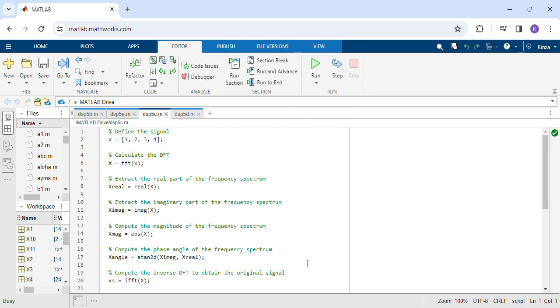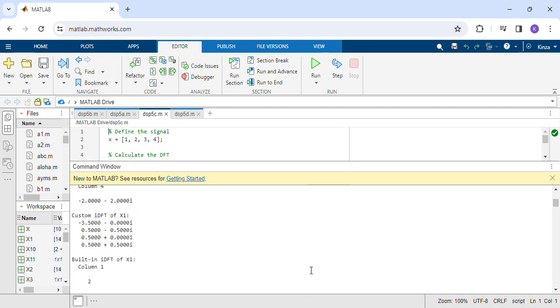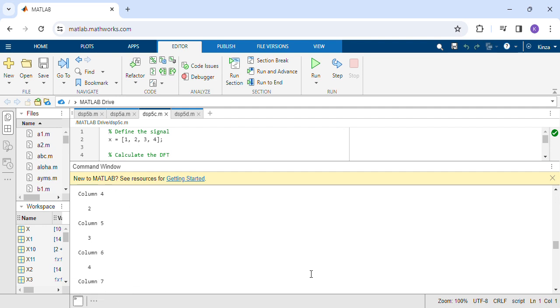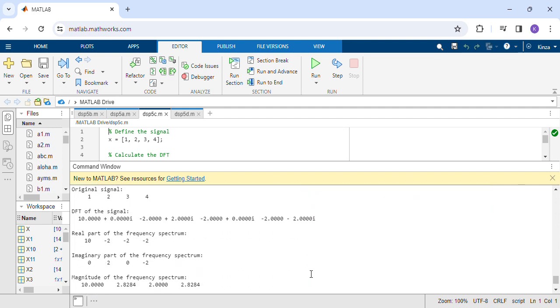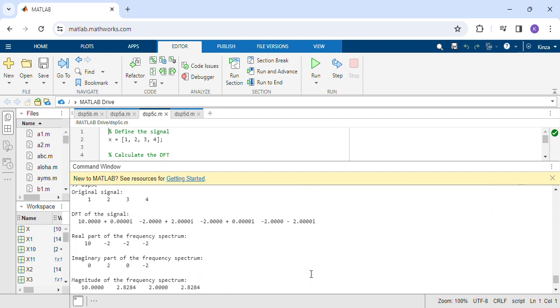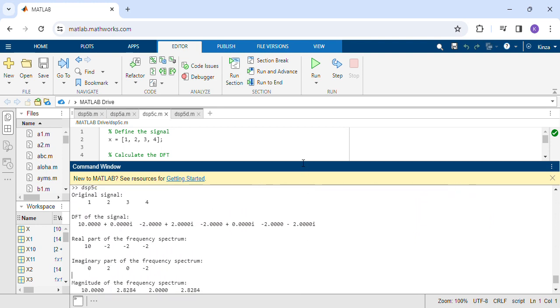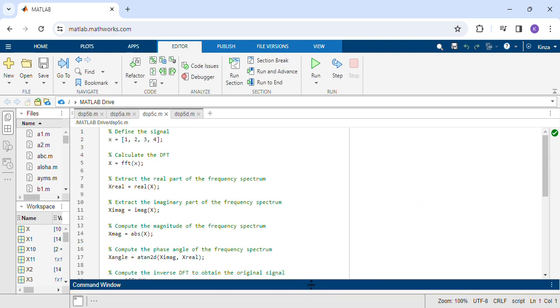Firstly, we will observe its output. This is the output of the signal. Okay, let me explain the code.